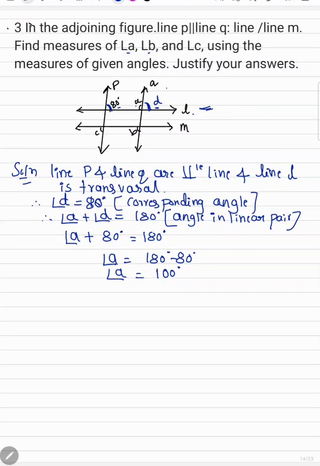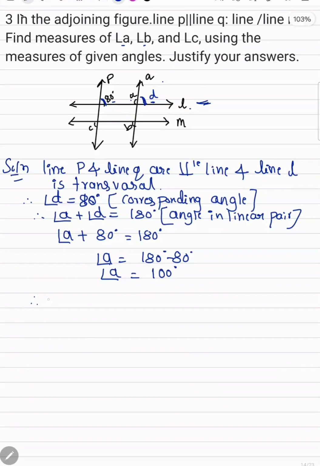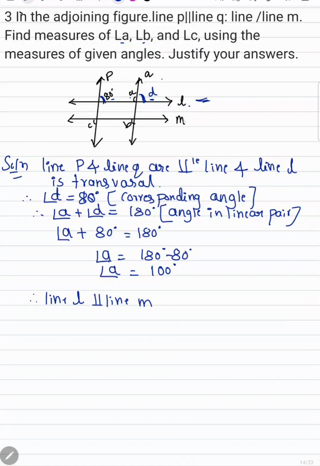Then similarly angles B and C are also found. It is also a corresponding angle and a linear pair. So here we write, therefore line L is parallel to line M. Sorry, it is parallel.